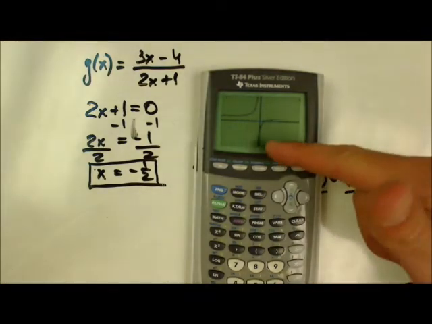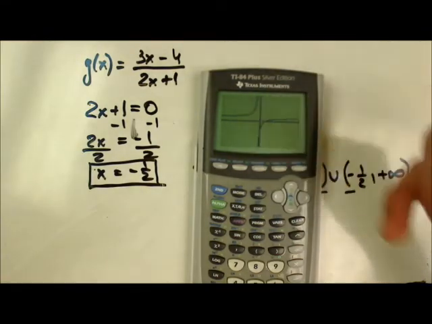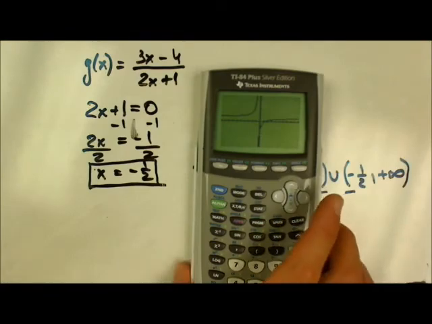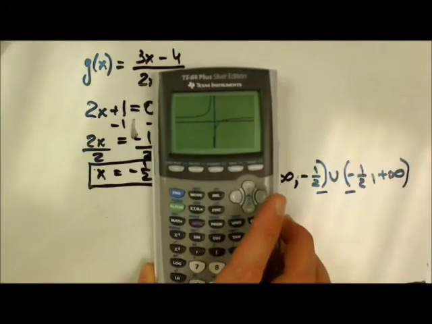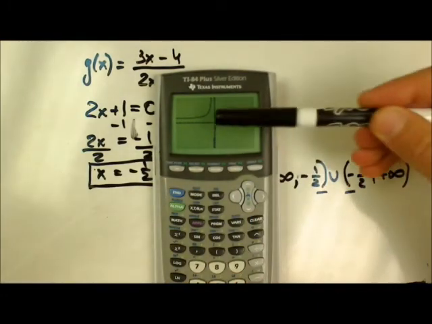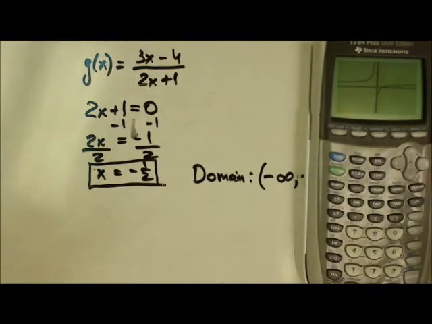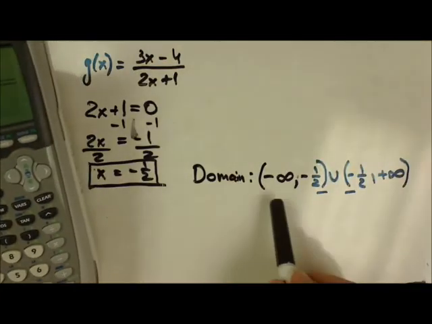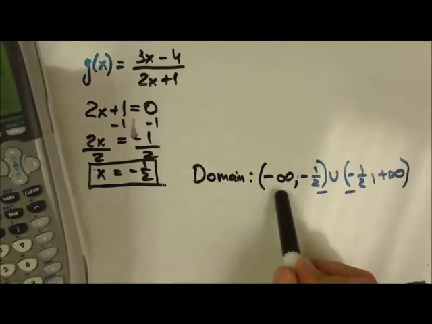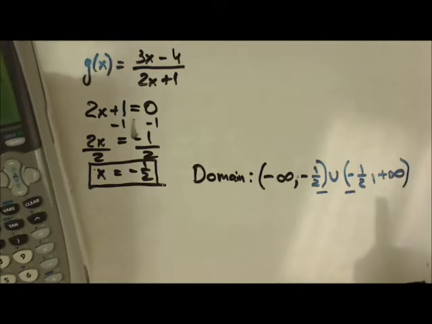As you can see, we have a vertical asymptote which happens at -1/2. If you zoom in, you'll see that it's -1/2. It means our graph goes very close to this value but never really touches it. And from the graph again we come up with the domain: negative infinity to -1/2, united with -1/2 to positive infinity.